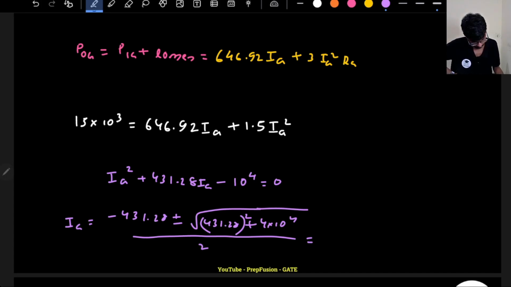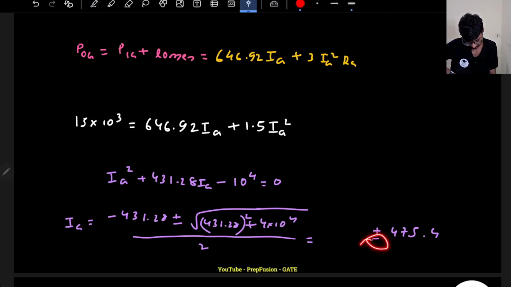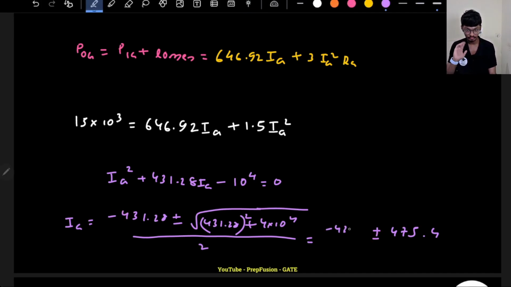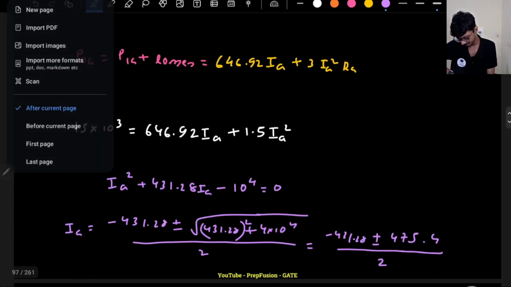The square root of 431.28 whole square plus 40000 comes out to be plus or minus 475.4. Of course you cannot choose the negative one. If I choose the negative, the current will be negative. IA has to be positive, because current will flow from the generator to the load. It cannot flow from the load to the generator. The load cannot supply the current, at least in this example. So it has to be plus.